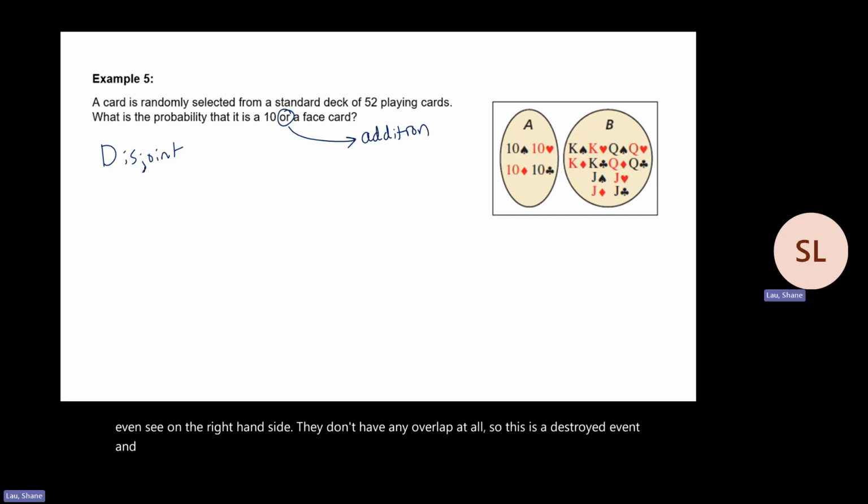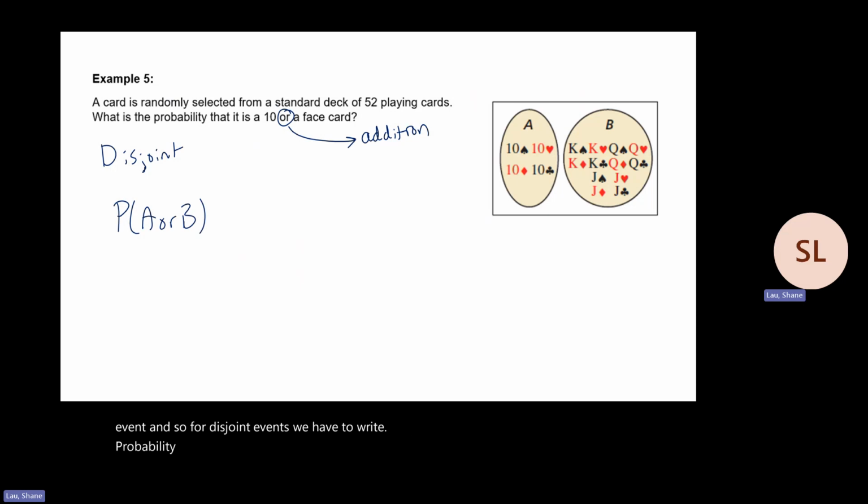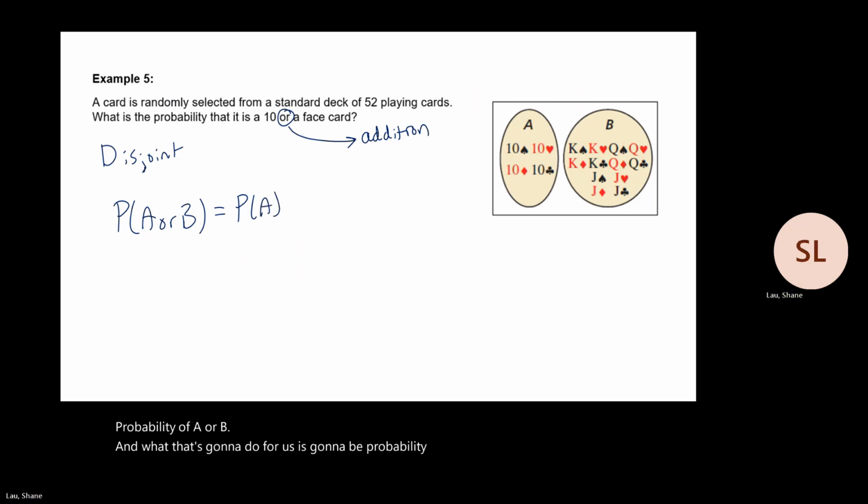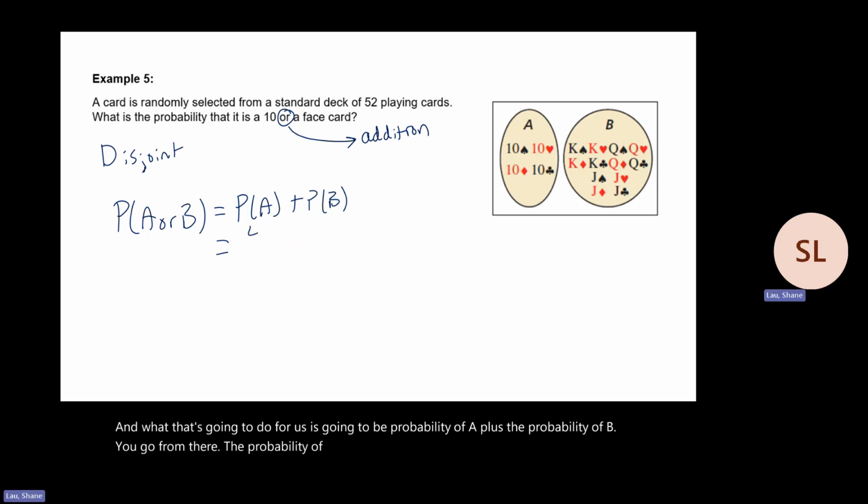And so for disjoint events, we have to write probability of A or B. And what that's going to do for us is going to be probability of A plus the probability of B. And you go from there. Well, the probability of getting a 10 is going to be 4 out of 52.